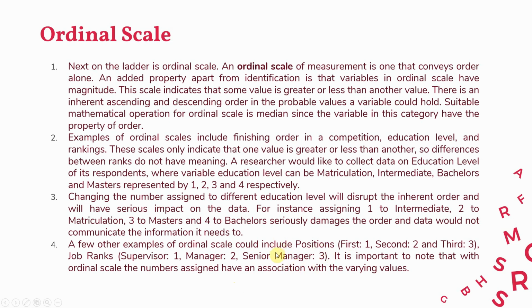So 3 is now associated with manager, 2 is now associated with senior, 1 is now associated with manager. You cannot move 2 to 1, 1 to 2, and assume that nothing will happen in your analysis, because it will. In identity, the numbers that you have assigned for identification were not associated with the values. But in ordinal scale, they are, because the values have got their own order.